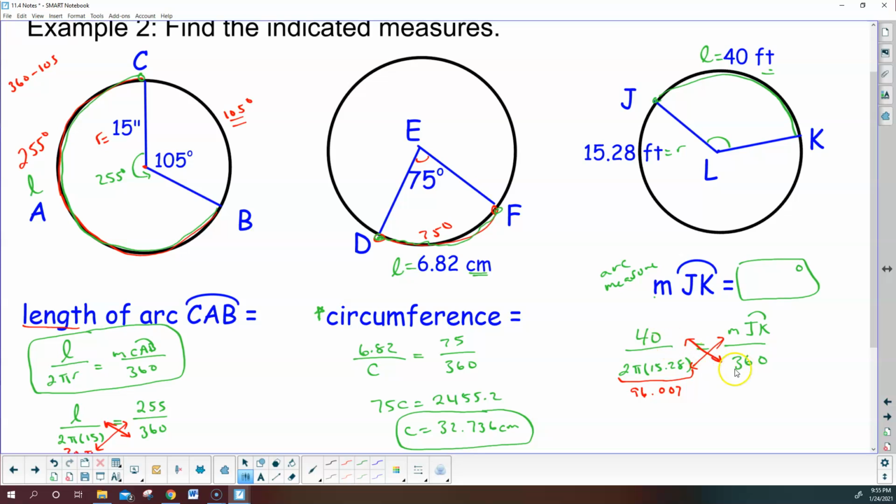And I'm going to do 40 times 360 in my calculator. Equals 96.007. And if you want to be even more accurate, you could take all of the decimals in your calculator. And then we just got to divide by the circumference over here.